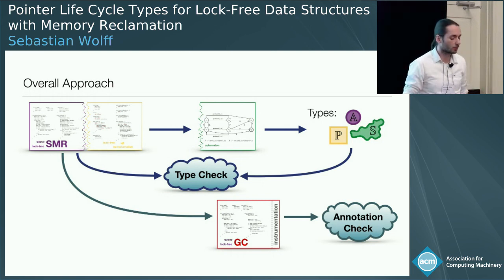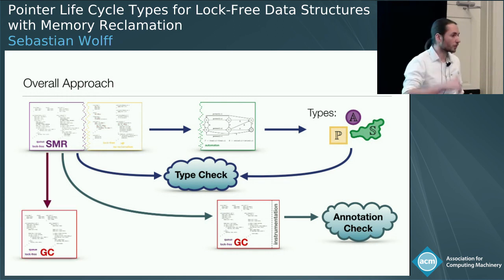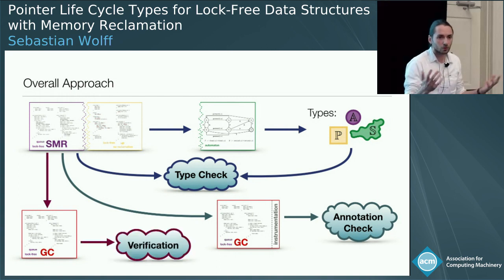So it's basically checking for assertion violations. And lastly, we can strip away any SMR code from the data structure and verify the data structure as a GC version, and also use an off-the-shelf verifier for this.